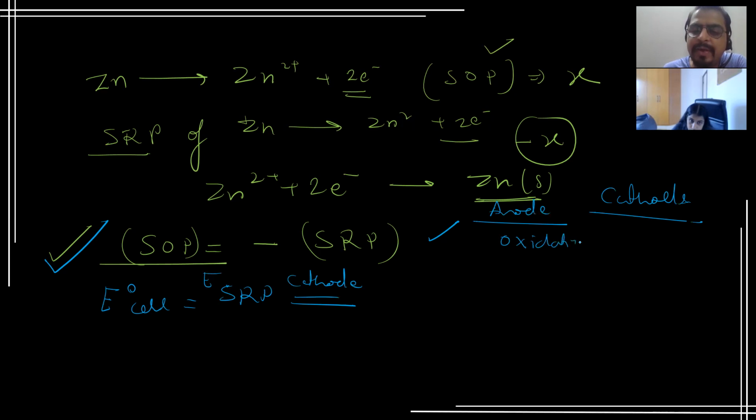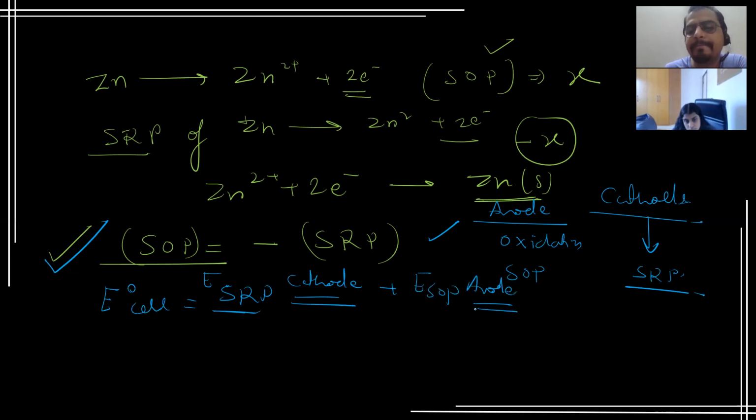So for anode we need SOP, and for cathode we need standard reduction potential. So if we have the SRP of cathode, we should have the SOP of anode, right?